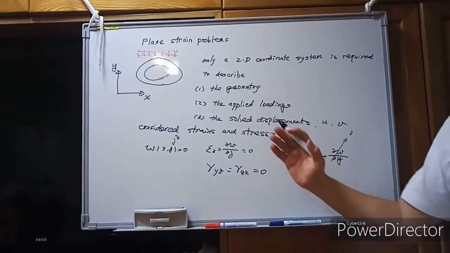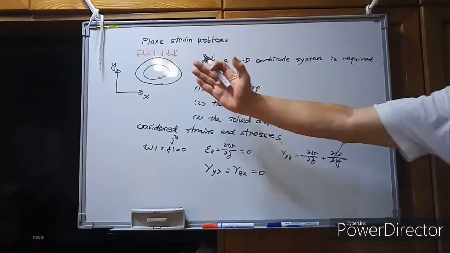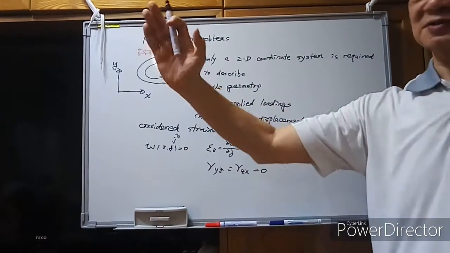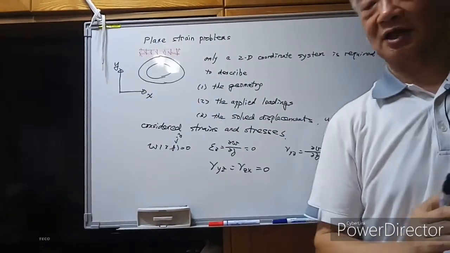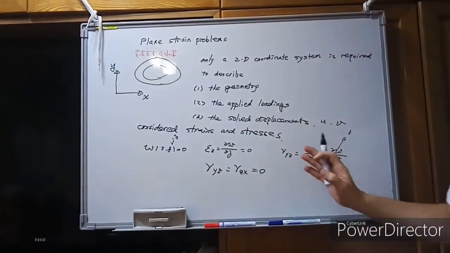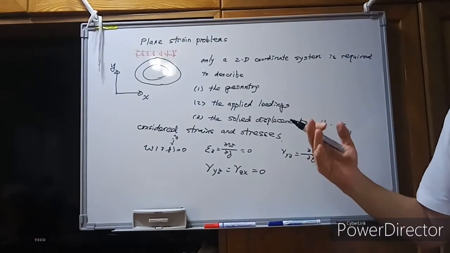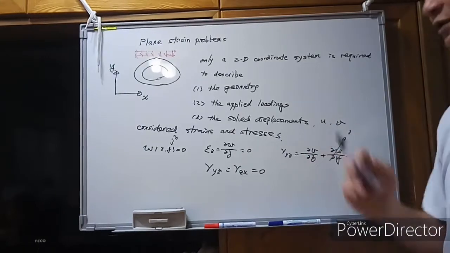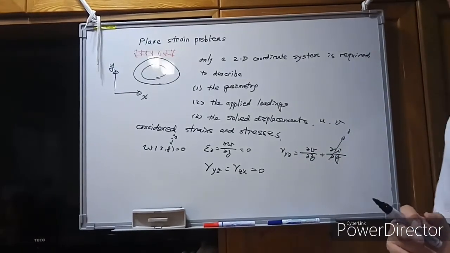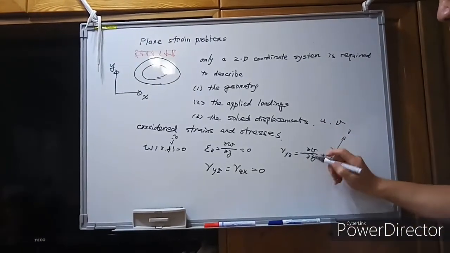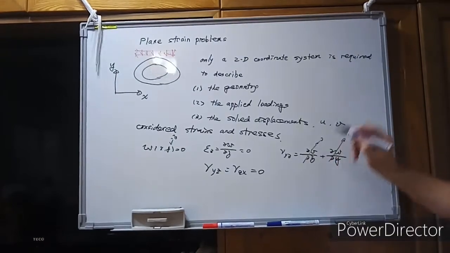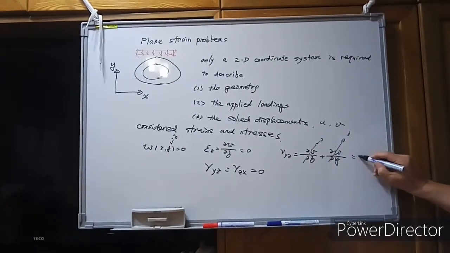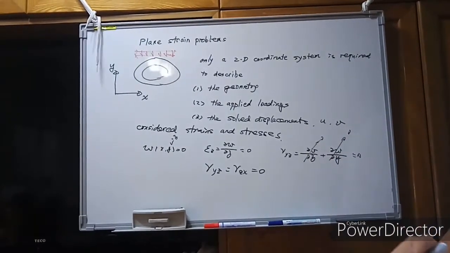And remember the assumptions. Everything is the same for all the cut cross sections. So z is not a variable to give you a different v or u. So this term is also equal to 0. So you can say the gamma will be equal to 0.